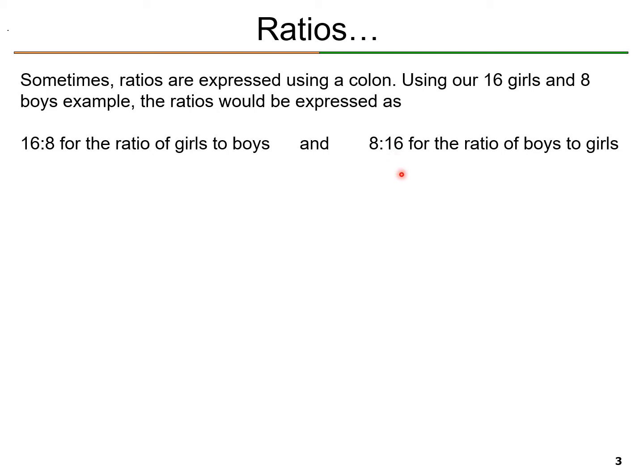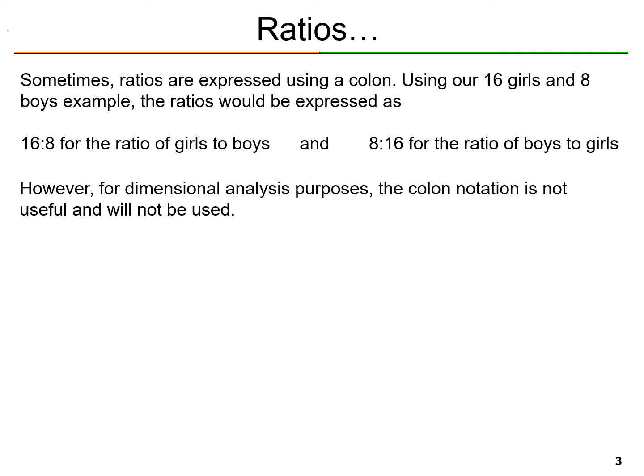So you may have already seen ratios expressed using the colon notation. However, for dimensional analysis purposes, the colon notation is not useful and we're not going to use it.